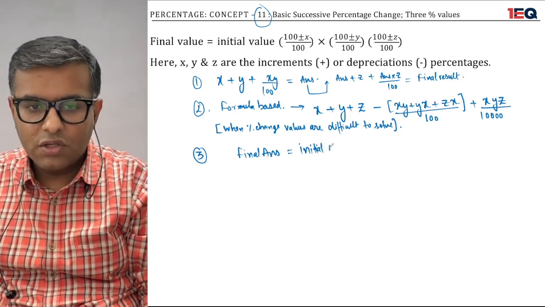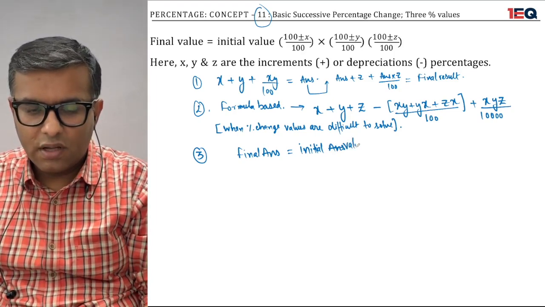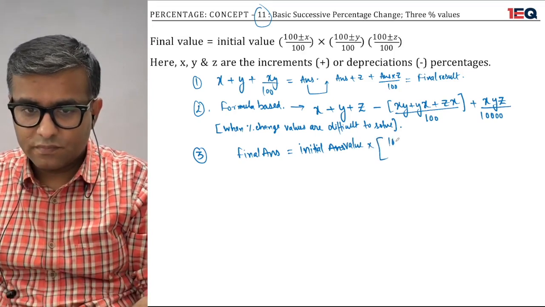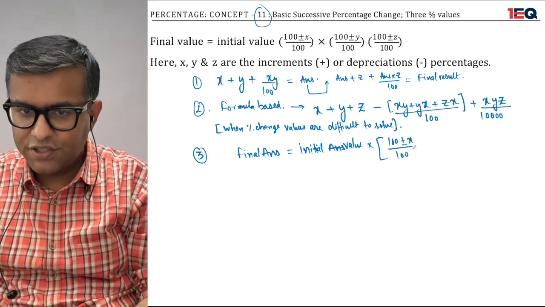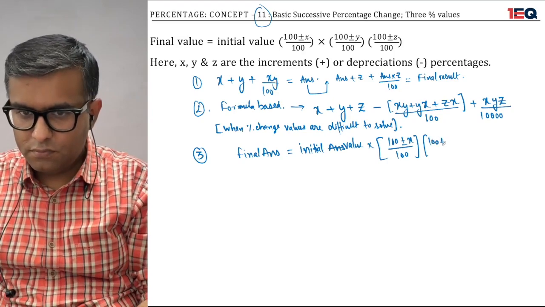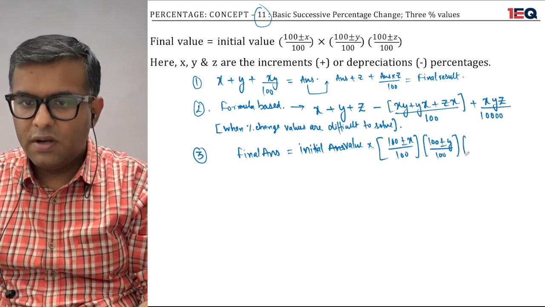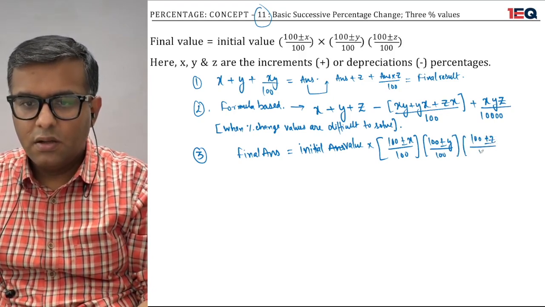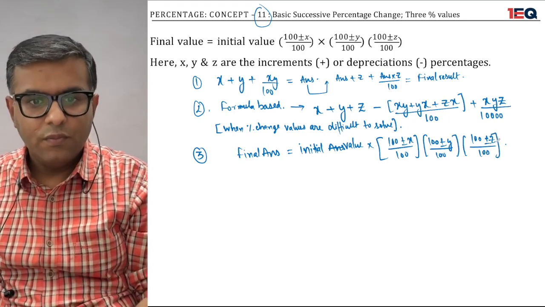That would depend on the initial value. Final value equals initial value multiplied by (100 plus or minus x, that is the first percentage change) divided by 100, multiplied by (100 plus or minus y) upon 100, and multiplied by (100 plus or minus z) upon 100. Okay, so you get it.